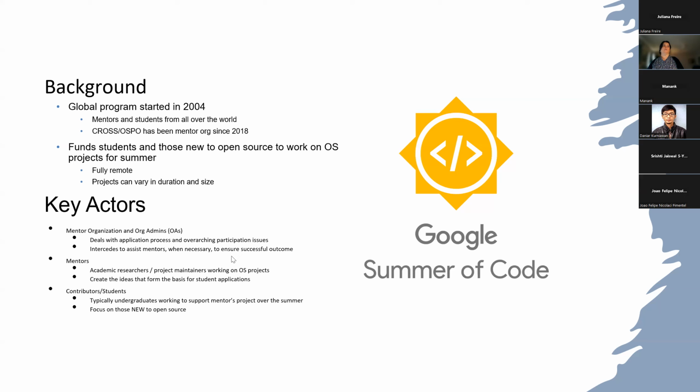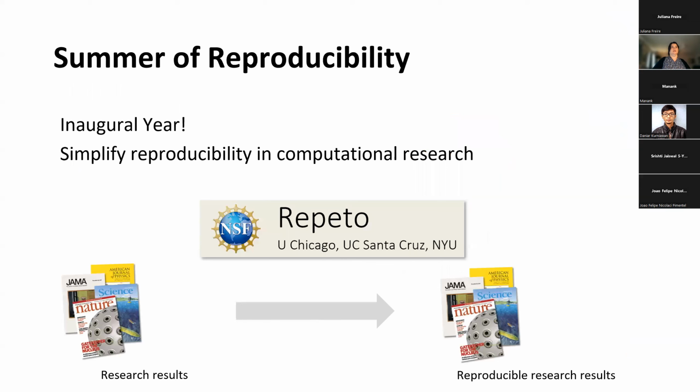That's what used to be called students, but because they recognized that not all of the newcomers coming in were undergraduates, they changed that terminology to contributors a couple of years back. And the focus for them is anyone who's new to open source.